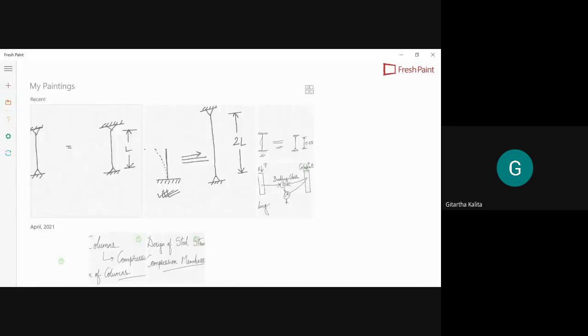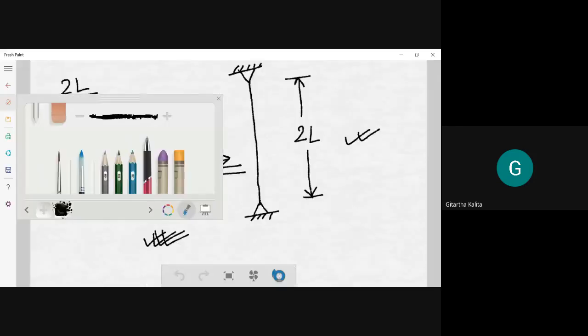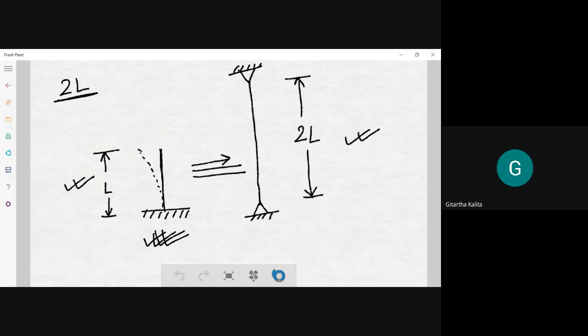In other words, if we make this column on the left both ends hinged, then we increase the length to 2L, then the strength becomes same.